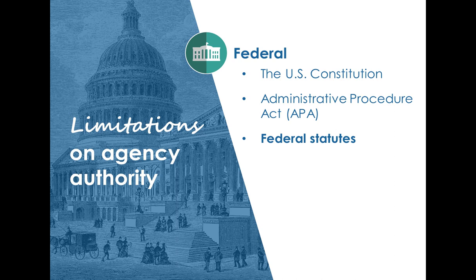It's also important to look at the federal legislation that defines or expands a particular federal agency's powers. This is important to understanding what the scope and the limitations of that regulatory authority entails. For example, the Federal Clean Air Act gives the Environmental Protection Agency, or EPA, authority to regulate motor vehicle emission standards for, quote, any air pollutant which may reasonably be anticipated to endanger public health or welfare, end quote.